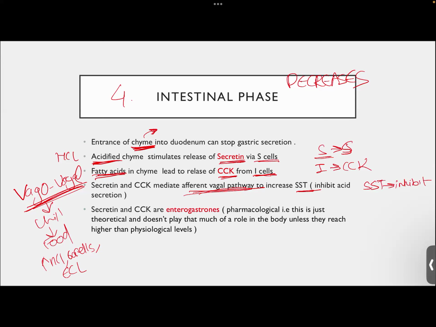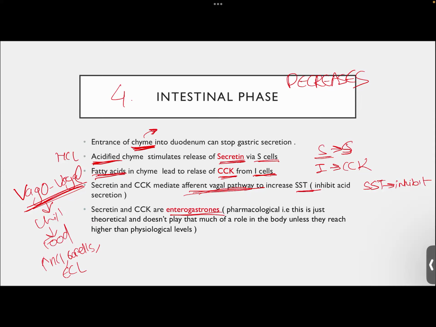So the efferent vagal pathway is stimulated by secretin and CCK, which are released by the S cells and the I cells, respectively. Okay, so they're also called enterogastrones. And this is not very important, but just remember that secretin and CCK are enterogastrones. They're pharmacological, which means theoretically, this makes sense.